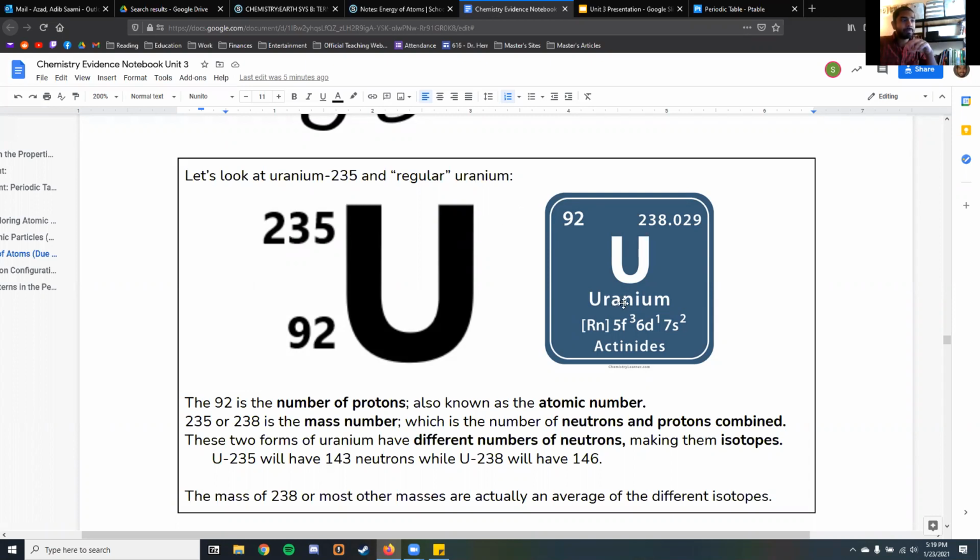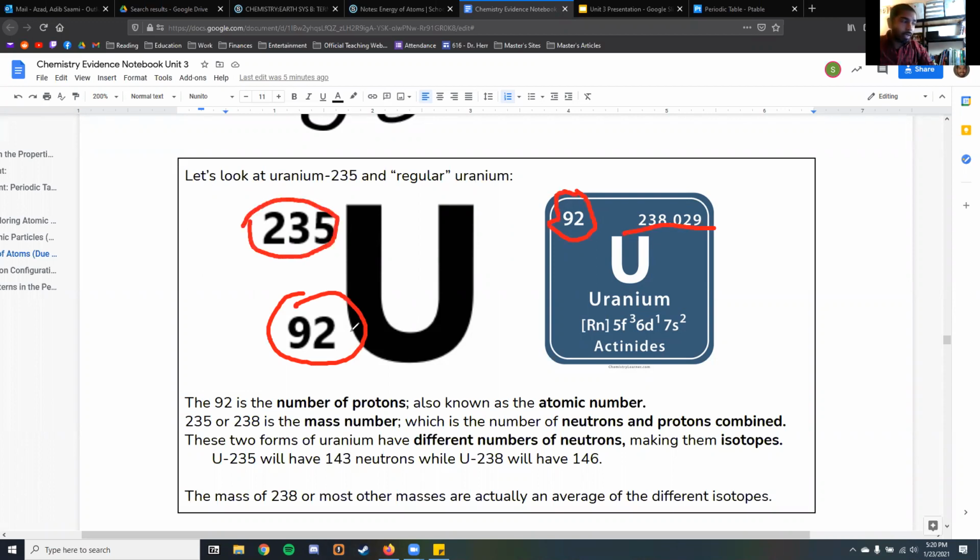And so we have uranium. Uranium is element 92, and you'll see that in both places here. Uranium's mass is normally 238. However, with some refining, you can get that down to uranium 235.